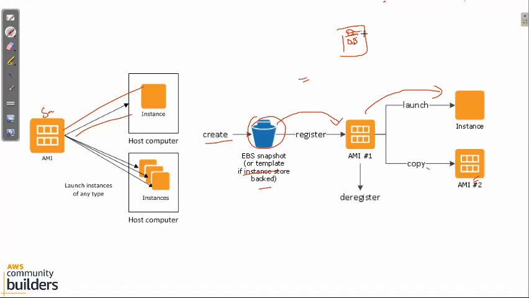Now I want to store it like a template, so that whenever I want to make changes to my project, or share it with someone and ask them to work on it and do these modifications, I can create it as an AMI, as a template, deregister it, and then again launch an instance and work on it. I hope this is clear.